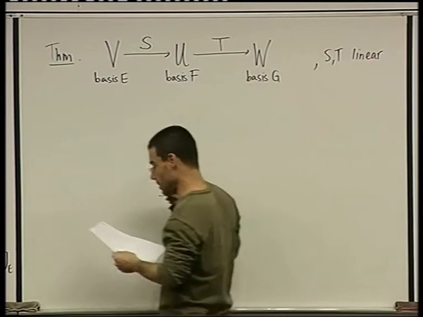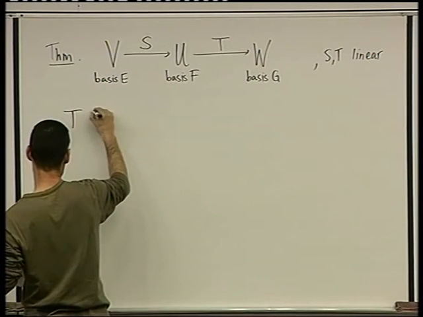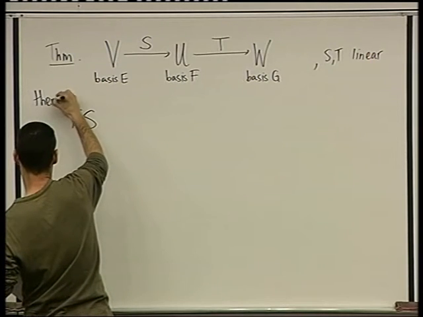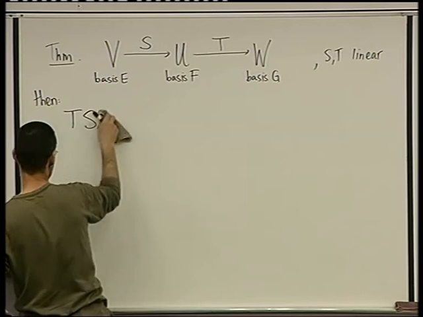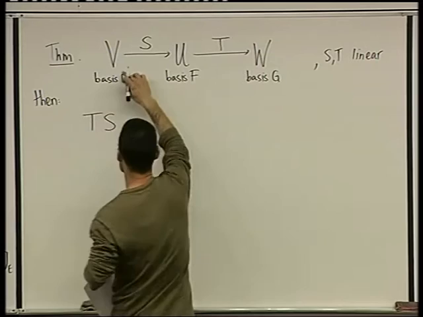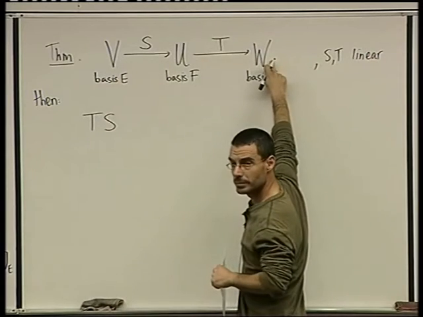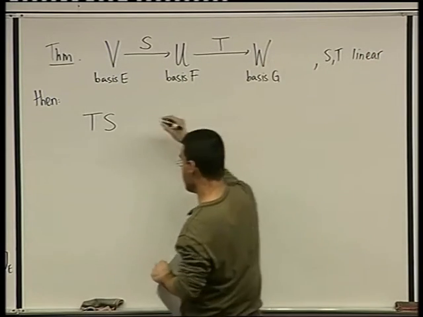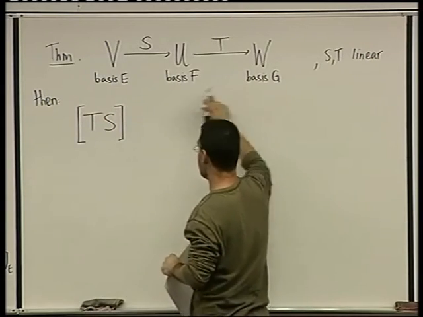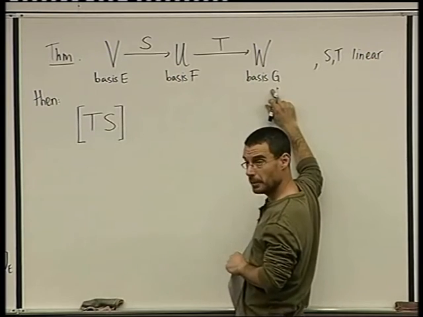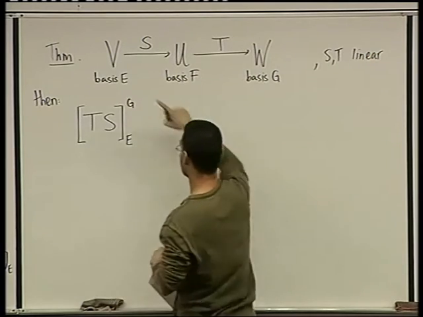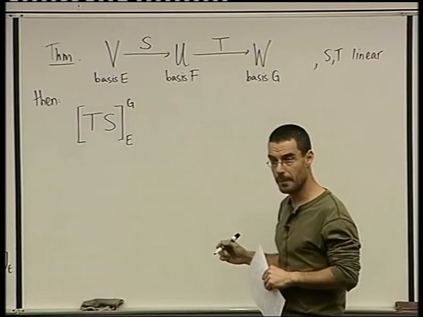And the claim is that TS, tell me if you agree, that this is the statement. The composition, TS, goes from V to W, right? The matrix representing this is going to be with respect to the basis of V and the basis of W. So it's going to be TS, E, G, from V to W. Do you agree?